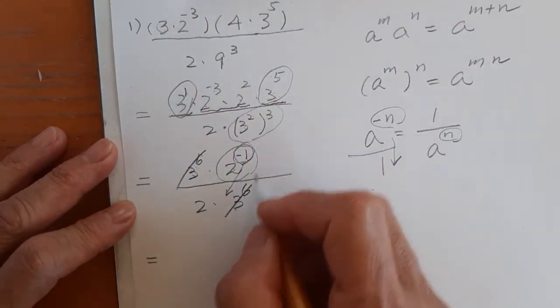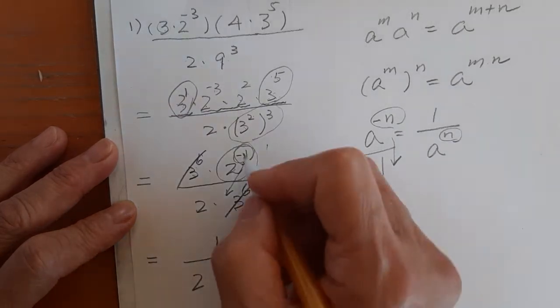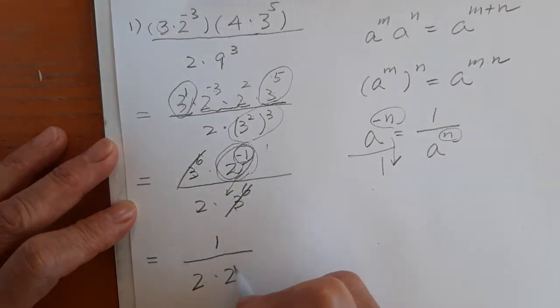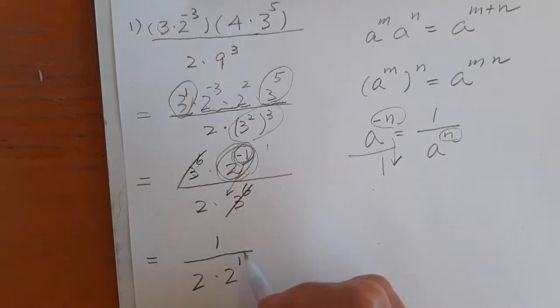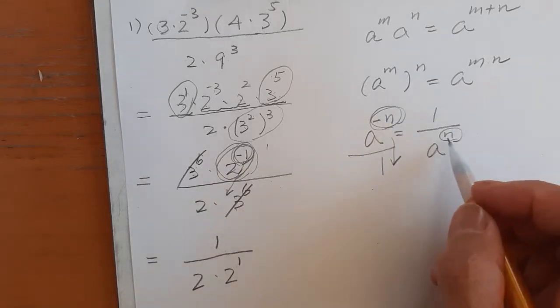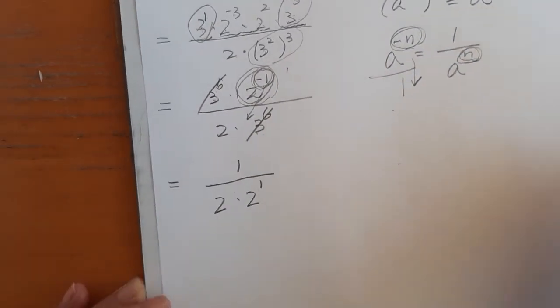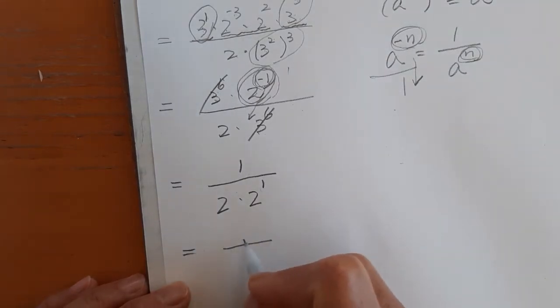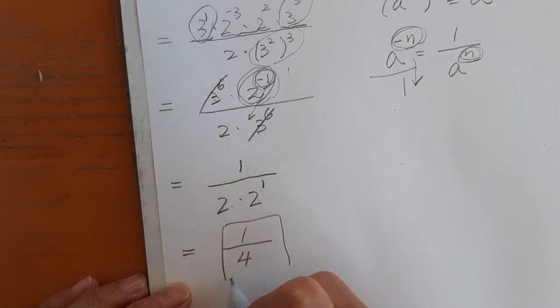The numerator remains 1, and the denominator is 2 times 2 to the power 1. Multiply together, 2 times 2, and you get 4. So after simplifying, it's 1/4.